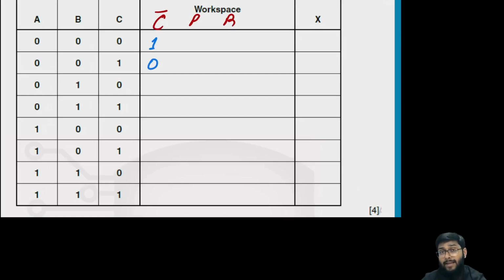A NOT gate takes whatever value it receives as an input and gives a reverted value out of it. So for 0, it will be a 1. For 1, it will be a 0. For 0, a 1. For 1, a 0. Then again a 1, again a 0, 1, and then finally a 0. For your ease, you can draw a line as well, but if you're not drawing it, that's not an issue.